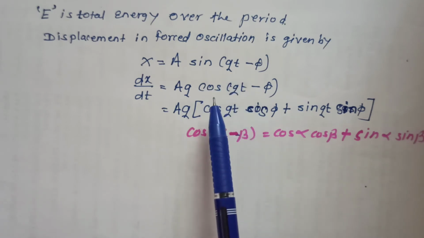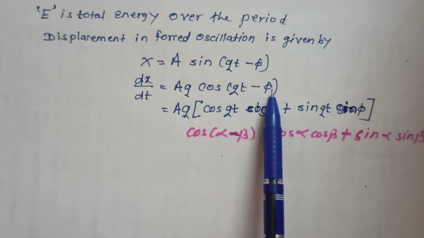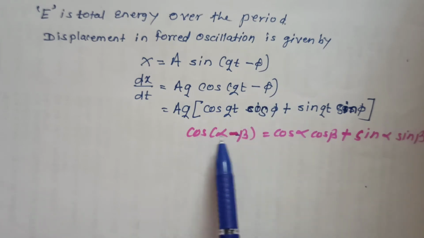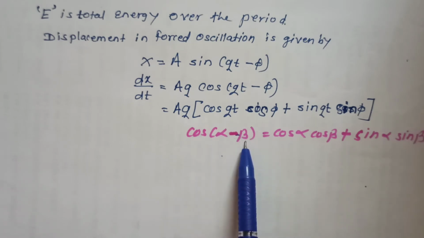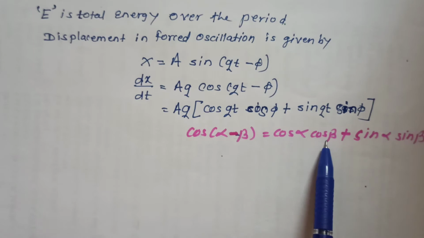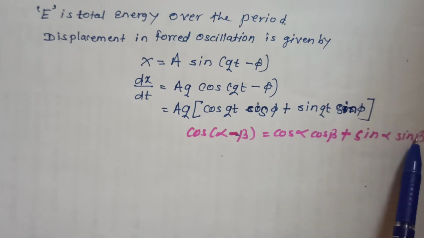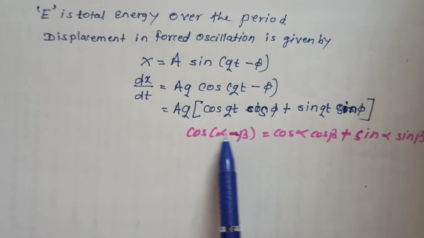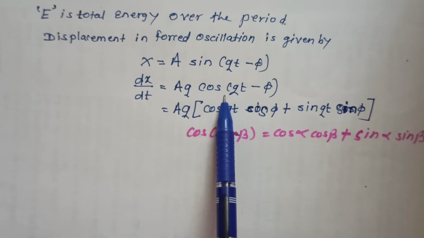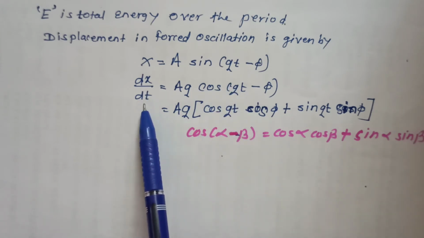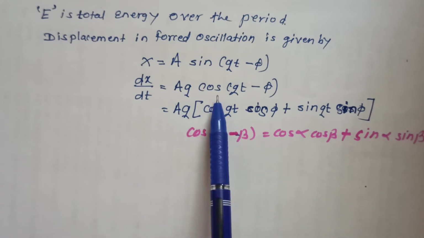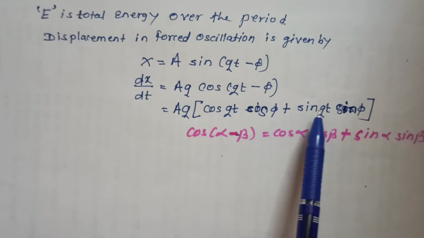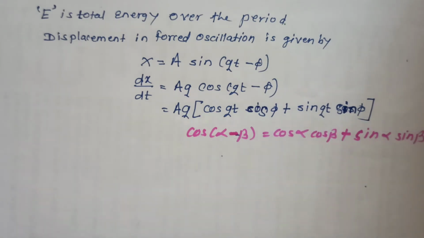Now we expand cos(qt − φ) using cos(α − β) = cos α cos β + sin α sin β. Then we get dx/dt = aq [cos qt cos φ + sin qt sin φ].